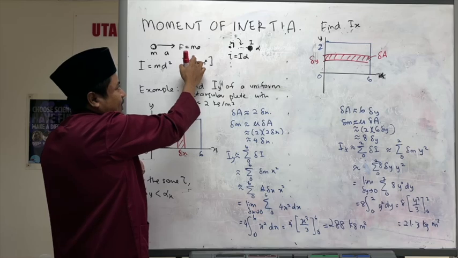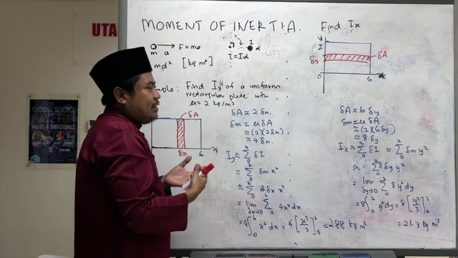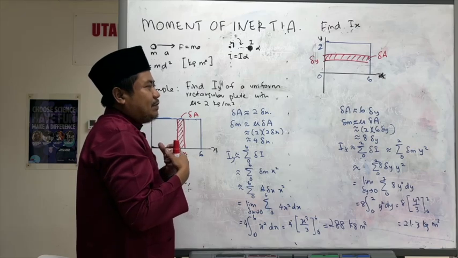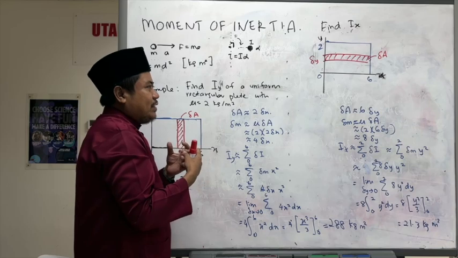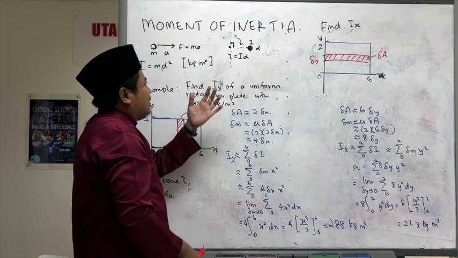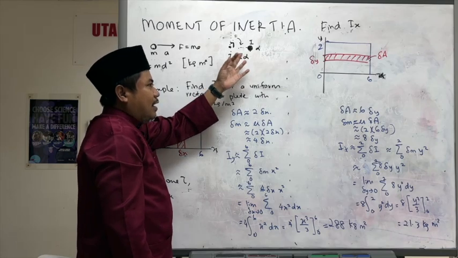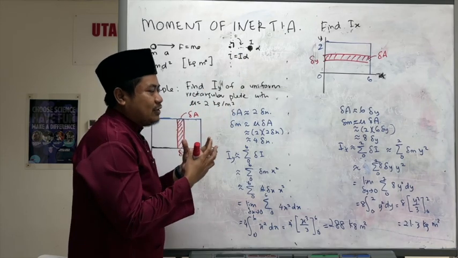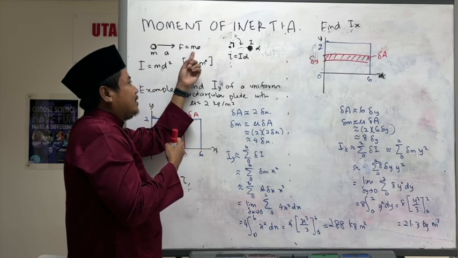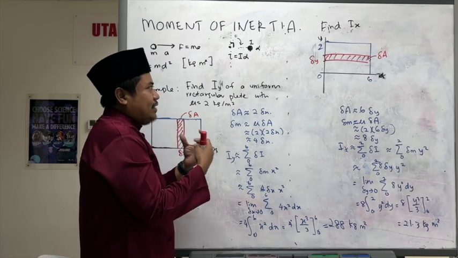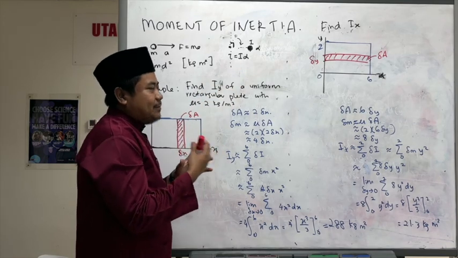So this moment of inertia is analogous to mass. Mass is the measure of inertia, that is, how much an object resists motion. Similarly, if the moment of inertia is large, the object resists rotating. One is resistance to moving forward in linear form, but this is the resistance of an object to rotate.